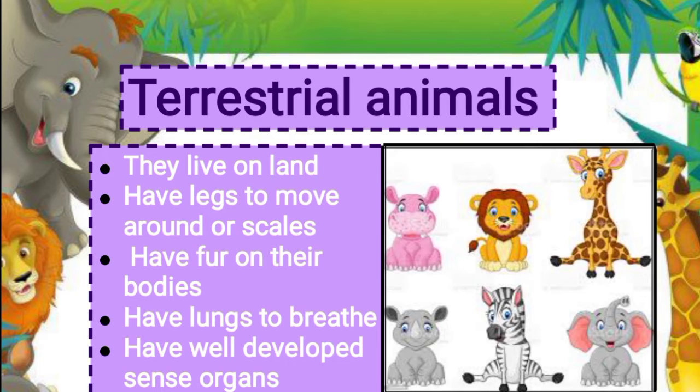So animals that live on land are called terrestrial animals. These animals have features suitable for life on land, and they have legs which help them to walk on land, and most of them have lungs as their breathing organ.